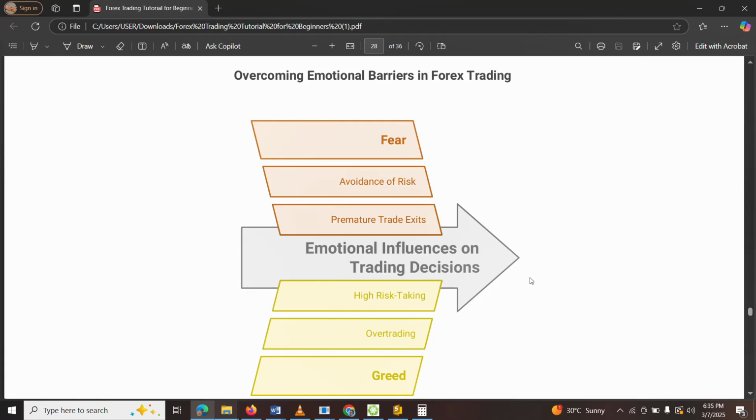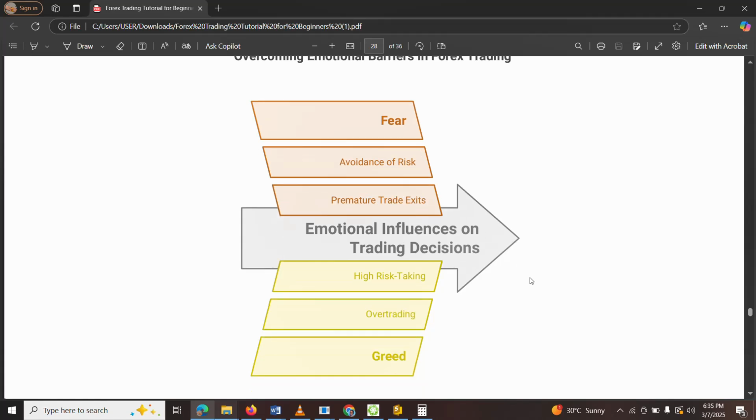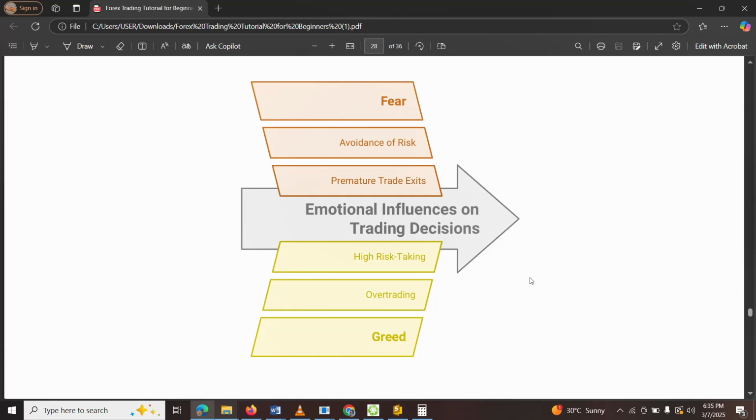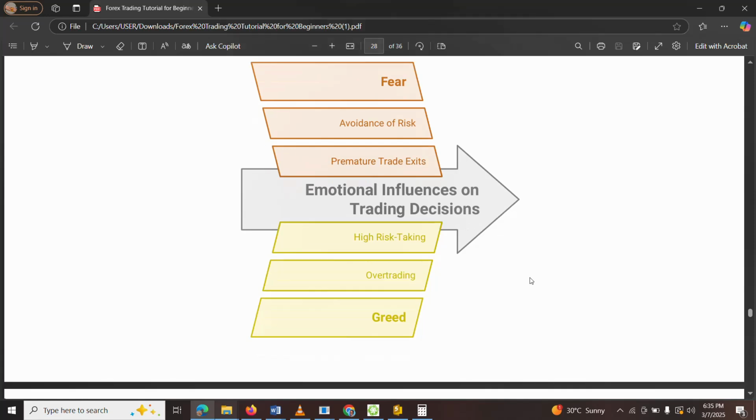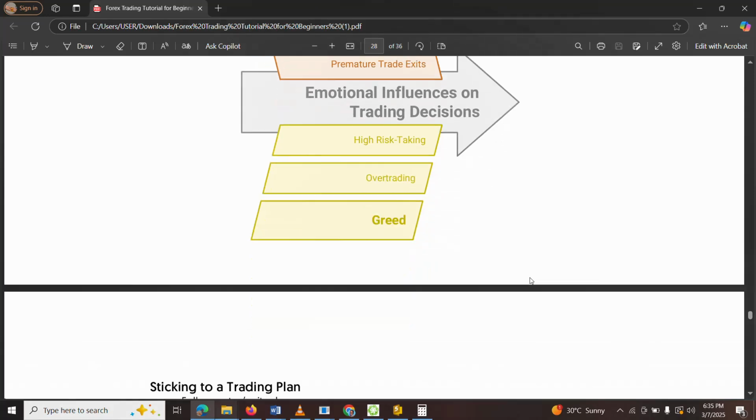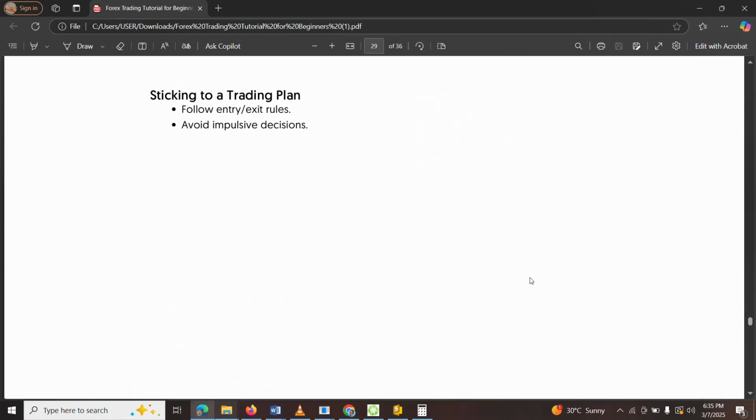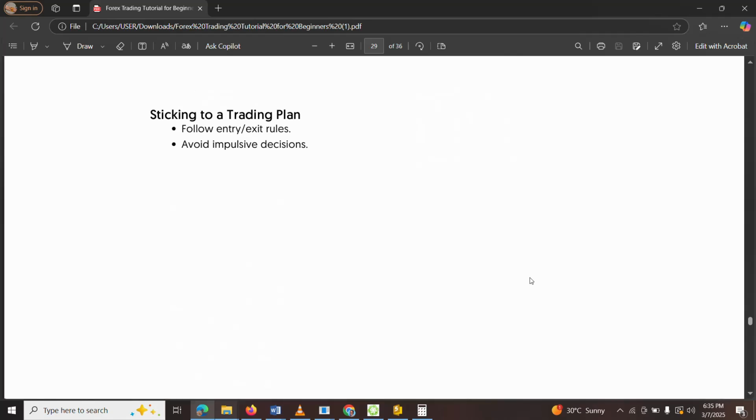So there we have high risk taking, overtrading, greed also, like I mentioned. Then what do we do to manage all this? We can consider sticking to a trading plan. So follow entry and exit rules. Avoid impulsive decisions, maybe those that are triggered by something.